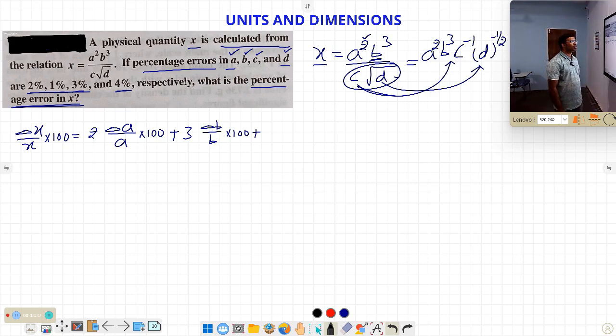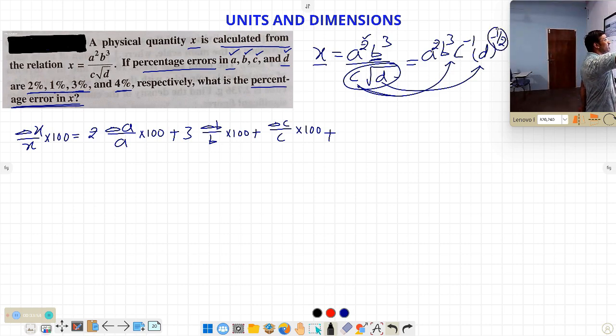But we are not going to take the minus in the case of percentage error. If they ask for the minimum, then you can take the minus, but here they did not mention it. So simply delta c by c into 100. Plus the last one, d. The power of d is minus 1 by 2, so the error is taken half of the time: half of delta d by d.